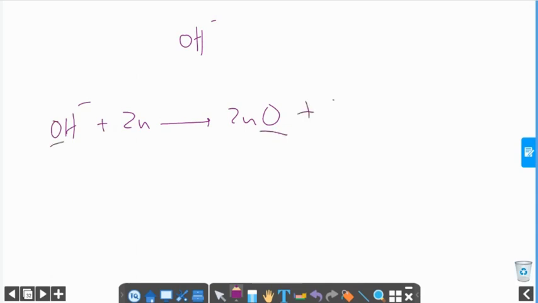Opposite side, you add water. Understood? In acidic media, we add H plus to the side where there is oxygen, and on the opposite side we add water. But in alkali media, likewise the opposite: you add OH minus to the side where there is no oxygen, and on the opposite side you add water. Got it?